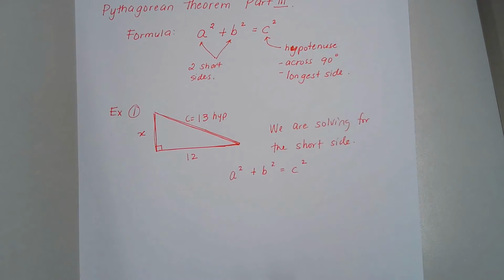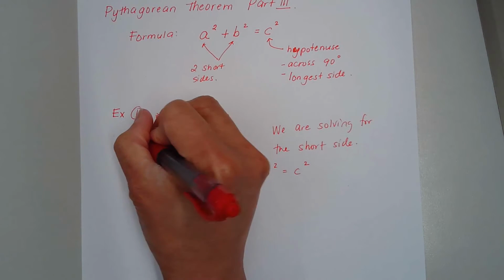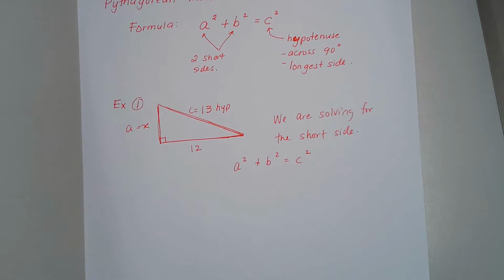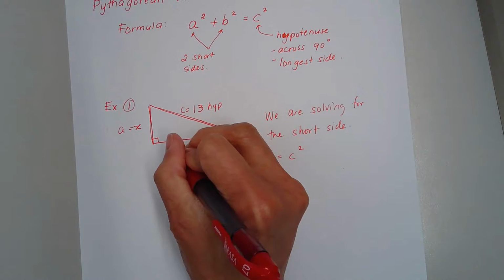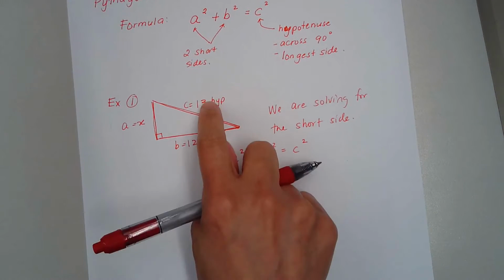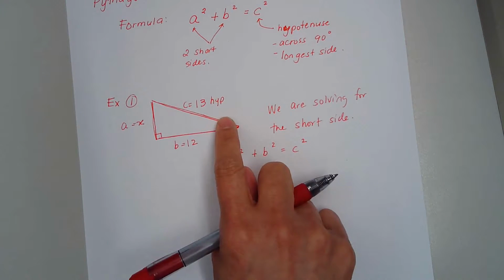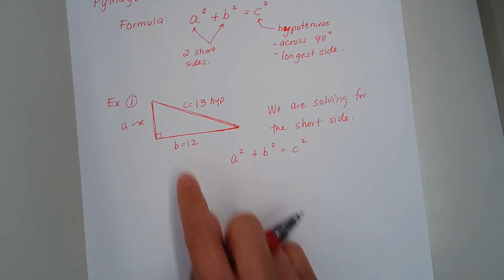So that's a C. And then this x, we're going to call it the A value. We don't know what that is. And then this other short side, we're going to call it B. Okay. So C is the 13, A is the x, B is the 12.